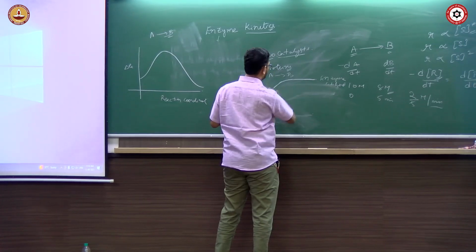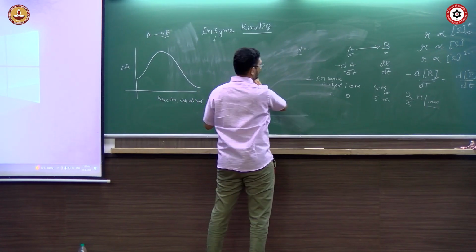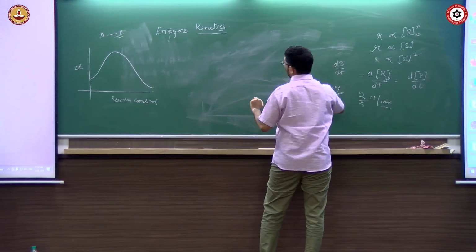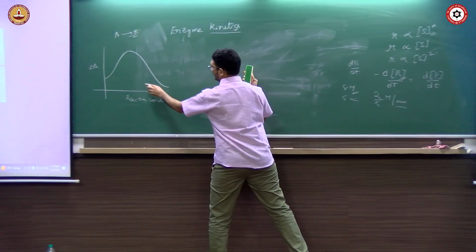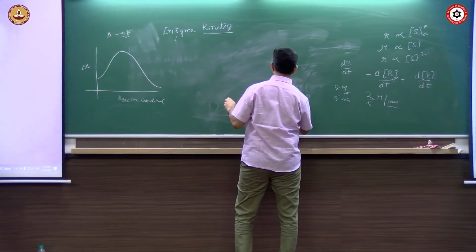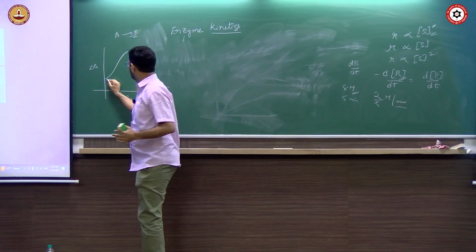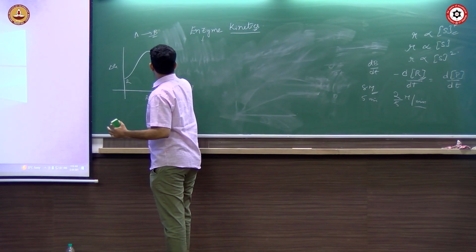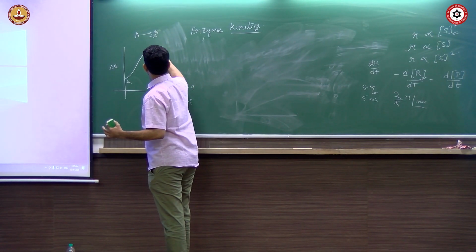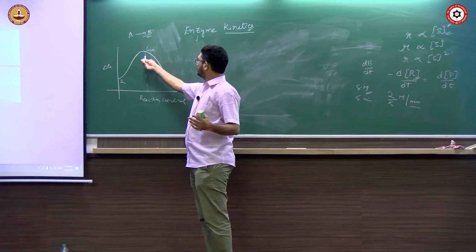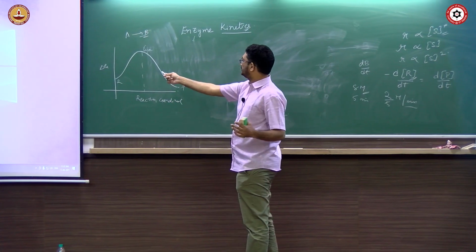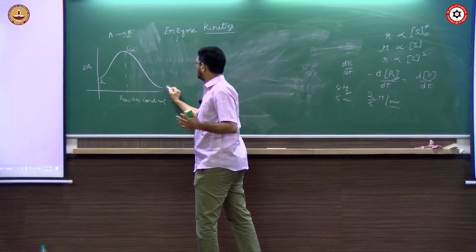It reduces the activation energy. Okay, and does it also modify the initial energies and the final energies? This is suppose the reactant, this is the product, this is your activation energy. Somebody said it will reduce the activation energy. Does it also modify the energies of R and P?